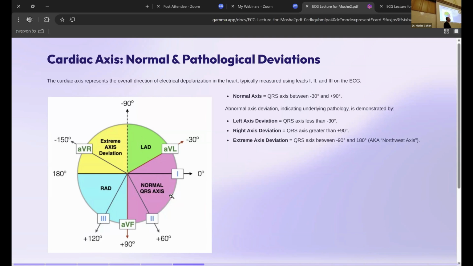Why is the left ventricle thicker? Right, because it's delivering blood to the whole body, and the right ventricle is delivering blood only to the lungs, which are low resistance, and the pressure is much lower. So the left ventricle is thicker than the right ventricle.